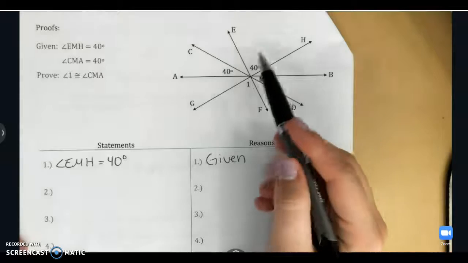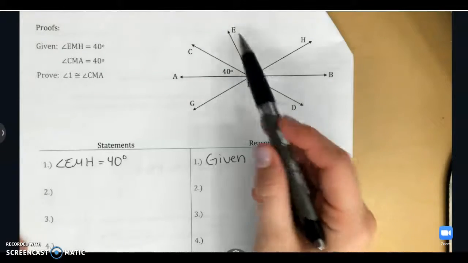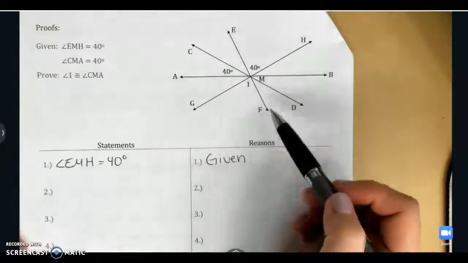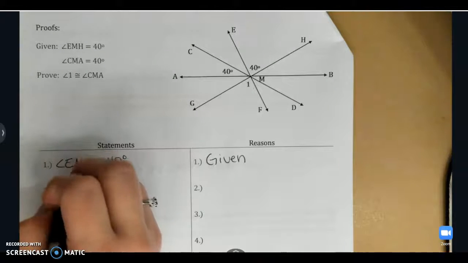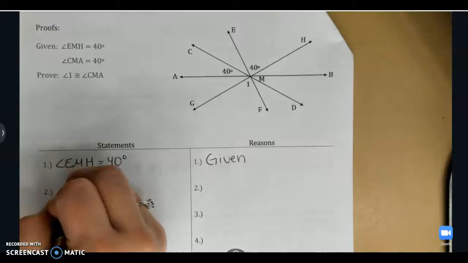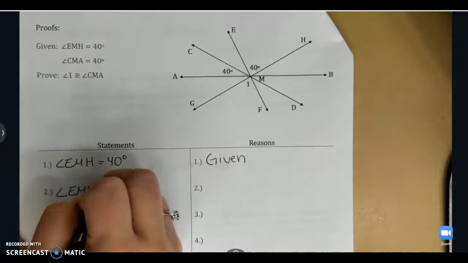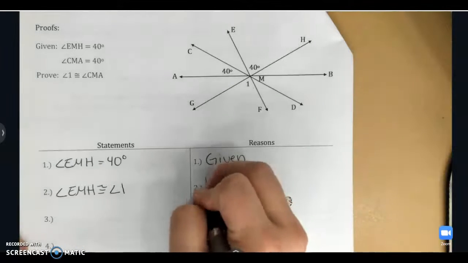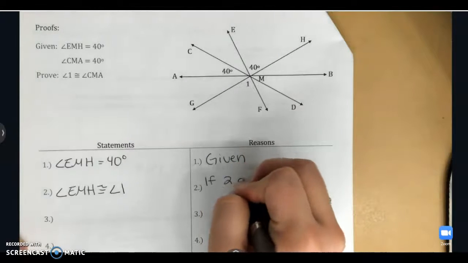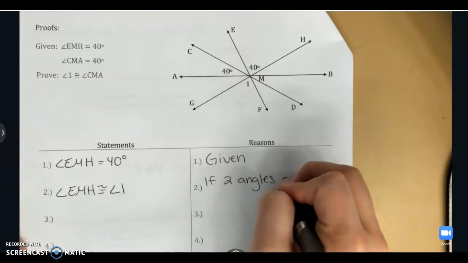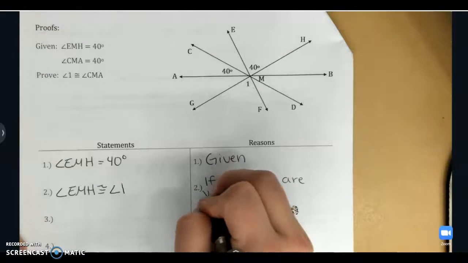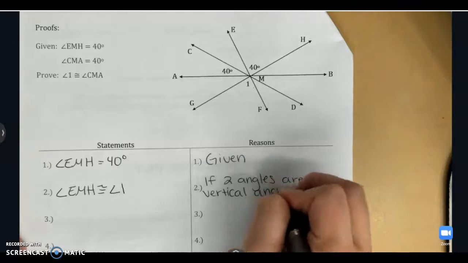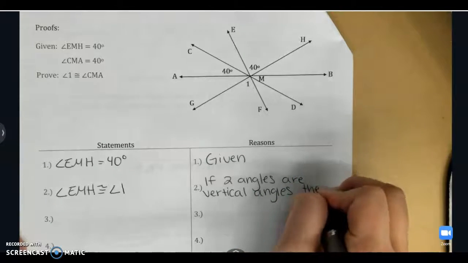Okay. Now, knowing this is 40 degrees, I also know that these are vertical angles from the diagram. So I can say that angle EMH is congruent to angle 1. Why? Because if two angles are vertical angles, then they are congruent.